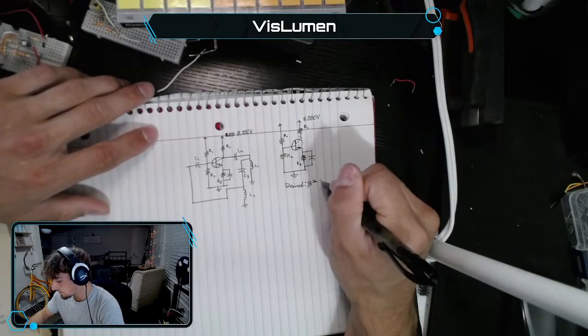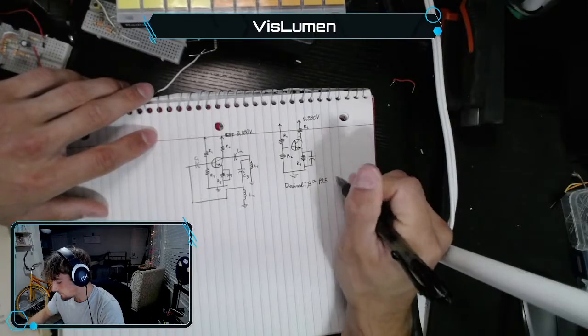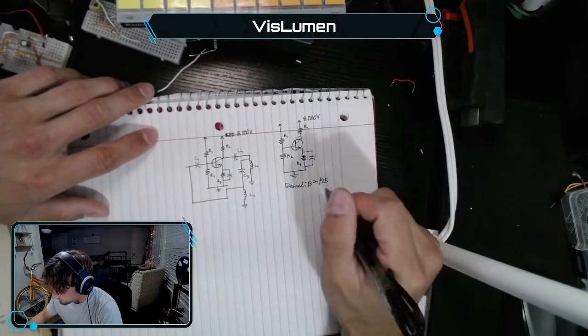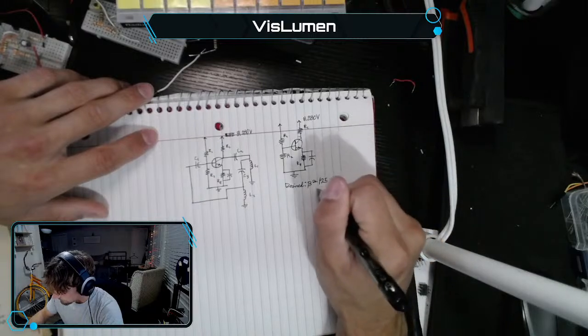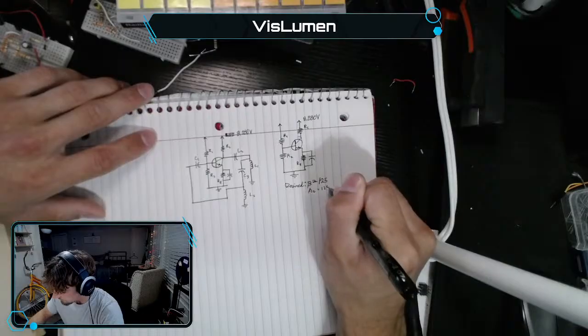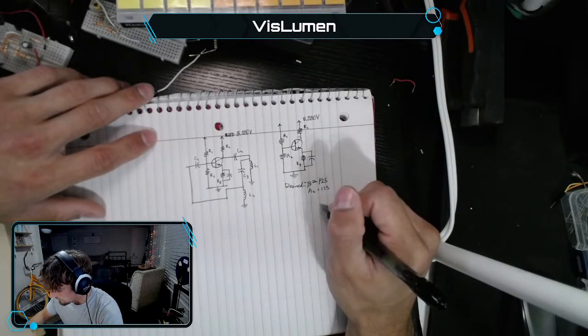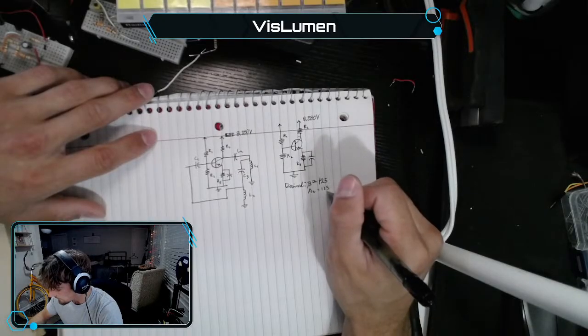Approximately, let's say 125. Let's shoot for that. 125. So AV equals 125. And again, we know AV, we'll figure that out later, but right now we just need this.